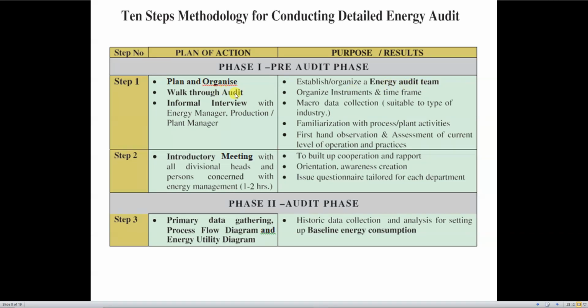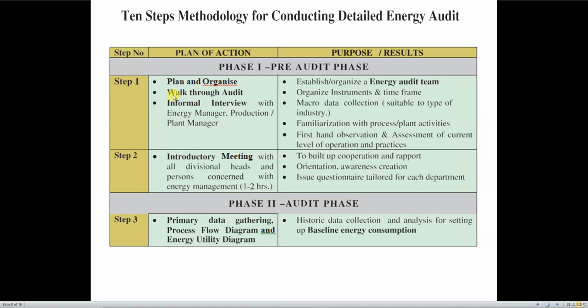So the first plan is to make a team, the energy audit team, which consists of some energy auditors. The number of auditors can change from 1 to 3 or 5 etc. depending upon the size of the industry. Then we have to hire different technicians, other than the auditors. Also we should have some managers in order to maintain the procedure. So this planning and organizing will create an energy audit team.